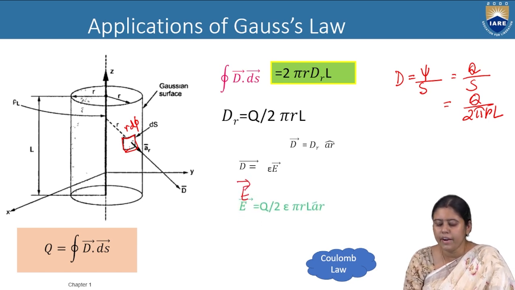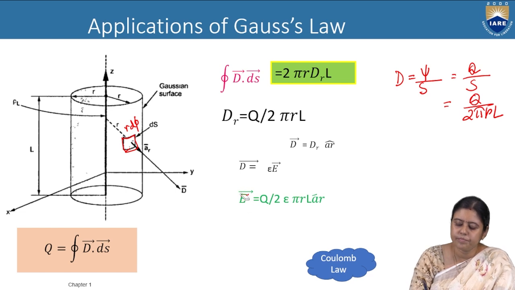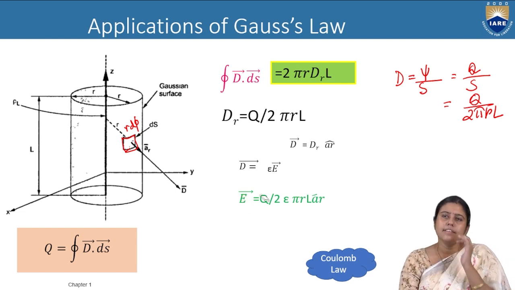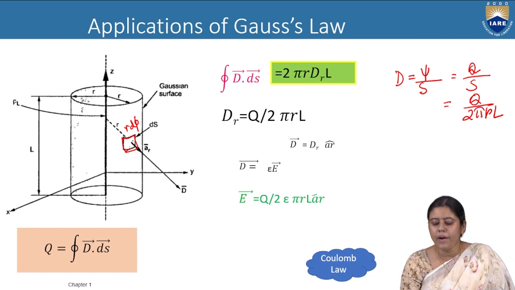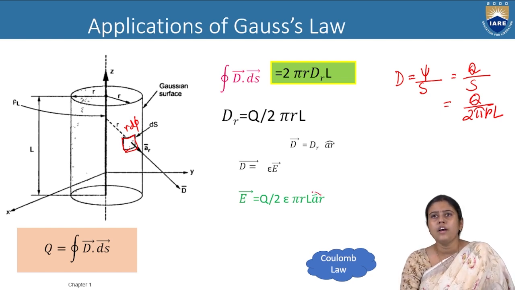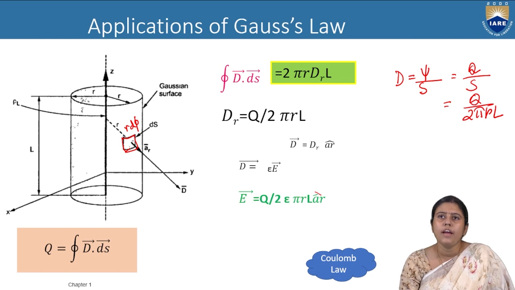E is nothing but Q by 2 pi epsilon r L. Just putting in the value, this is the main equation.